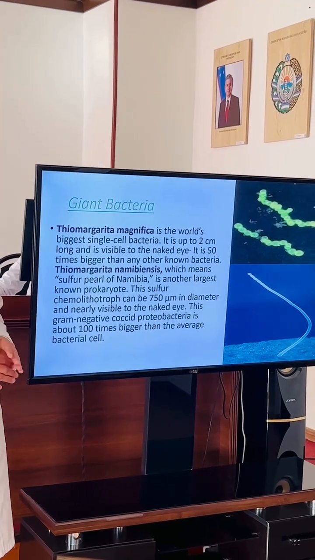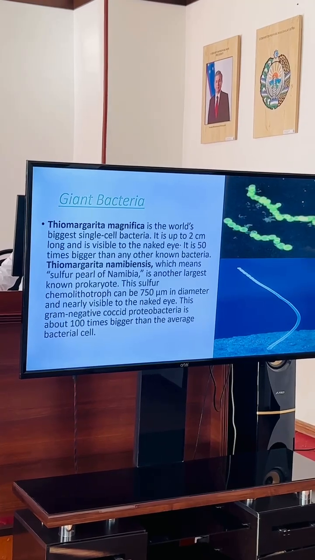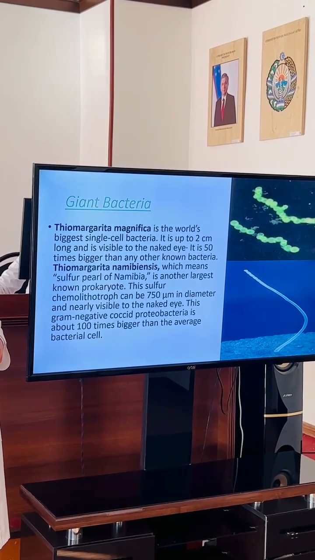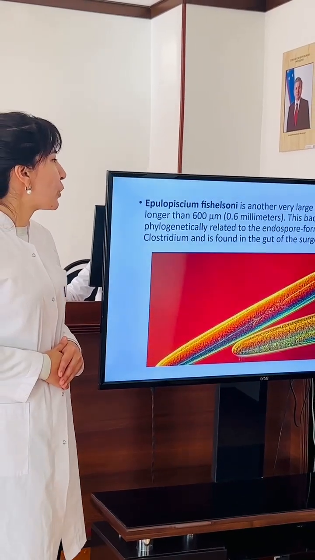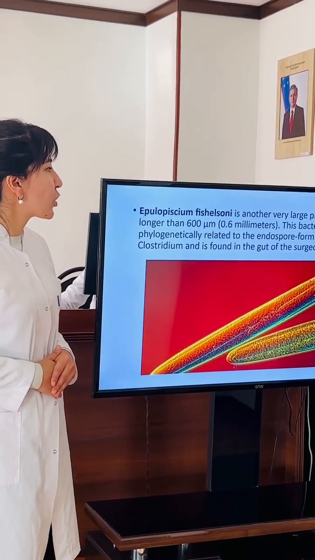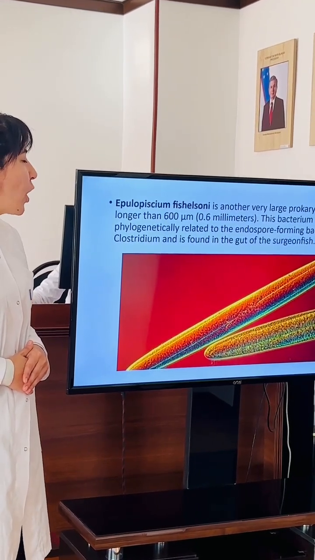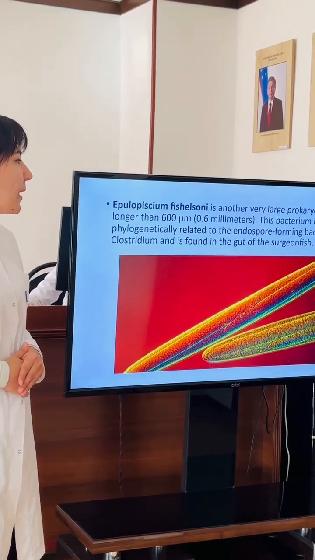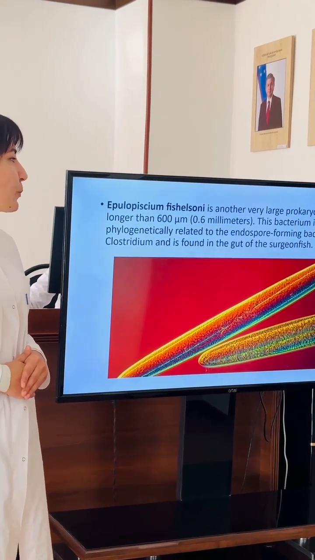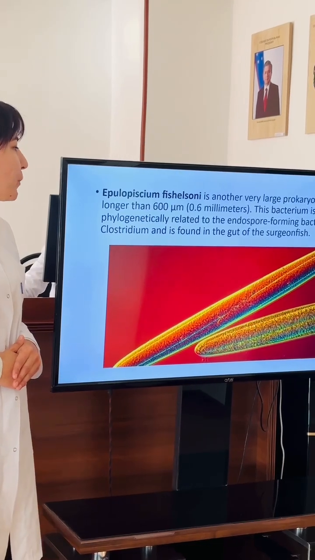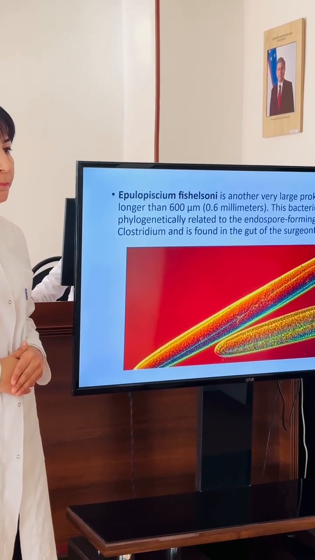Epulopiscium fishelsoni is another very large prokaryote, with cells longer than 600 micrometers, or 0.6 millimeters. This bacterium is phylogenetically related to endospore-forming bacteria of Clostridium and is found in the gut of the surgeonfish.